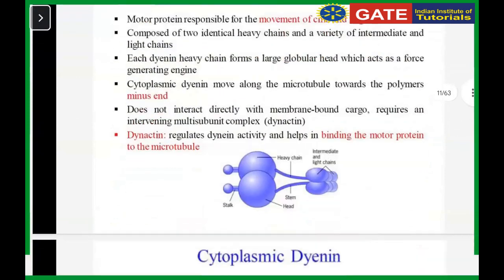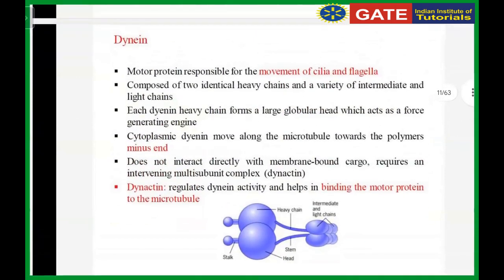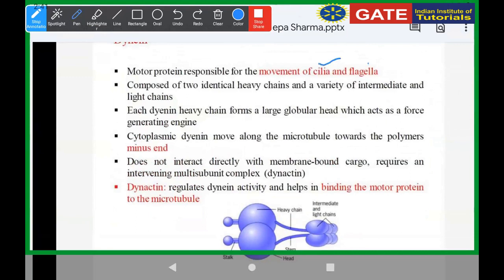Next, dynein protein. It is another motor protein in microtubule. Dynein is responsible for cilia and flagella movement. The multi-subunit complex of dynein protein is called dynactin.